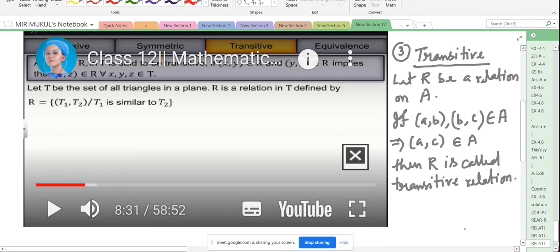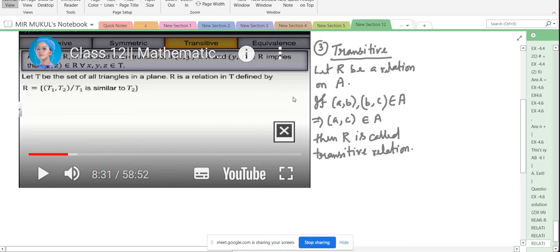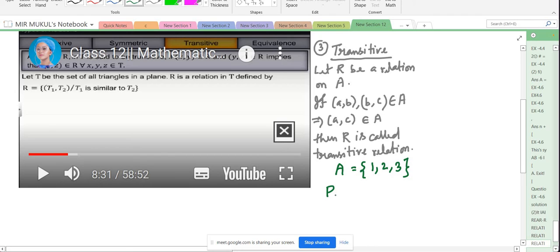Actually, here is one very interesting fact I want to share with you. Giving one example, I'm showing one relation. Suppose A equals {1, 2, 3}, and I am taking one relation R equals {(2, 3), (1, 1)}.